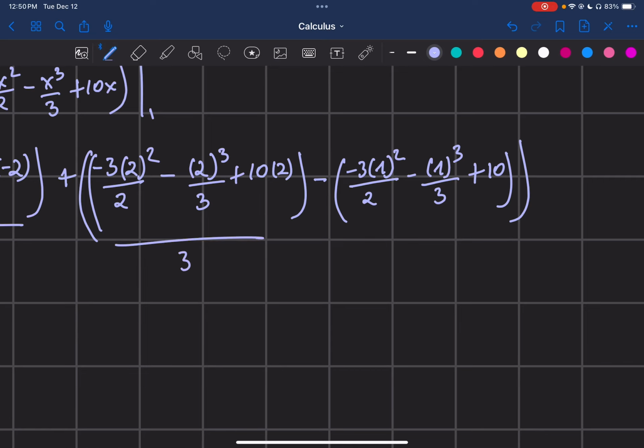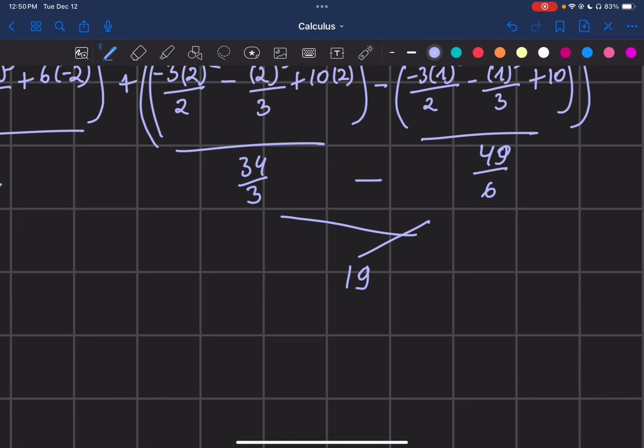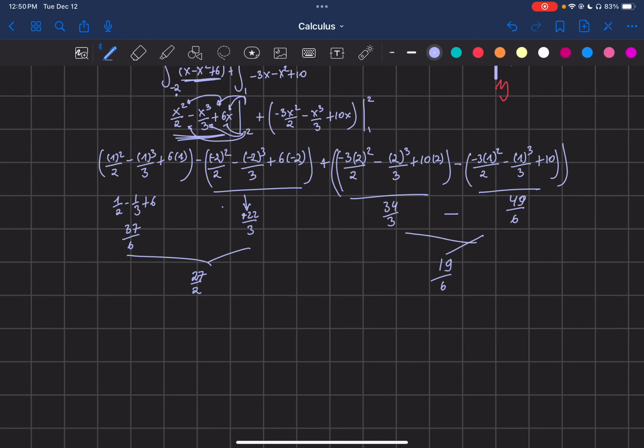This gives me 34 over 3, and I can reproduce the same thing now, just changing from 2 to 1 basically. What am I getting? I'm getting 49 over 6. So 34 over 3 minus 49 over 6. So this minus this gives me 19 over 6. Whew, that was a long one.